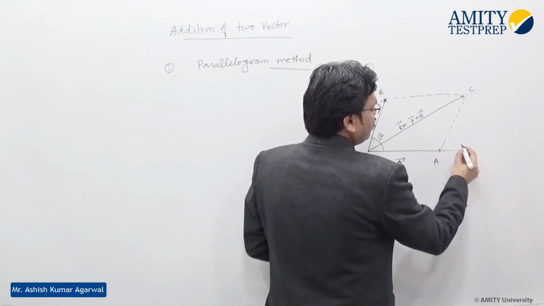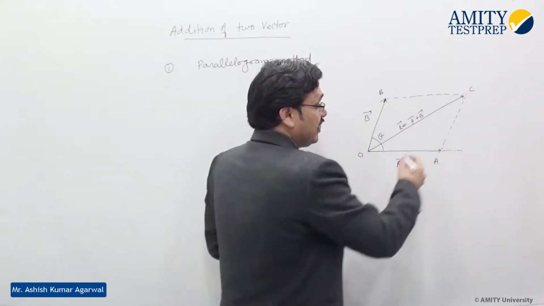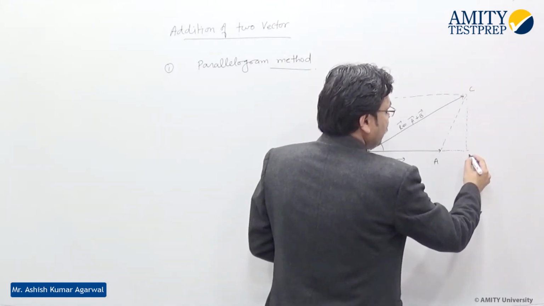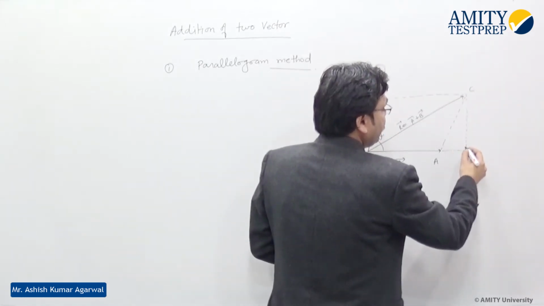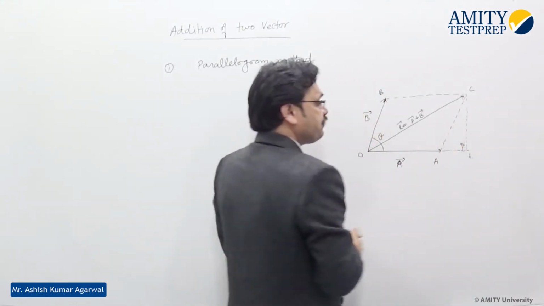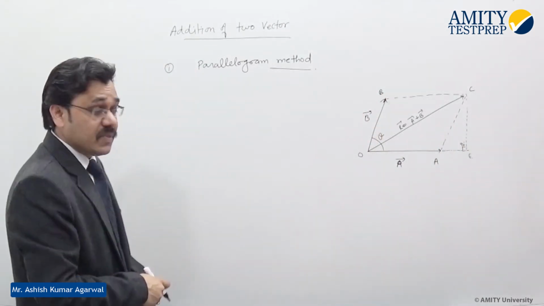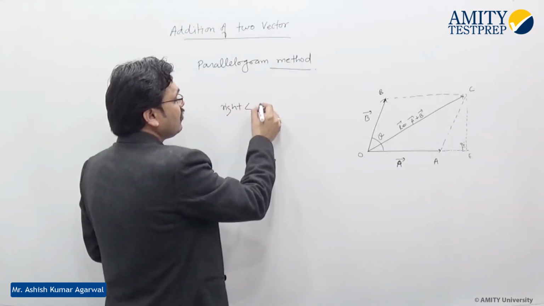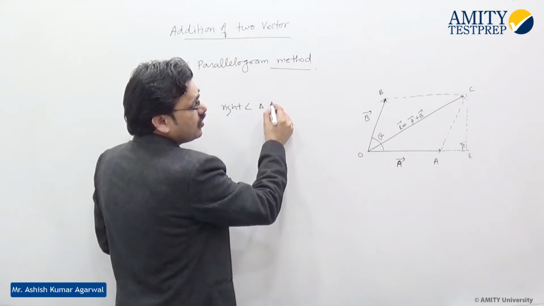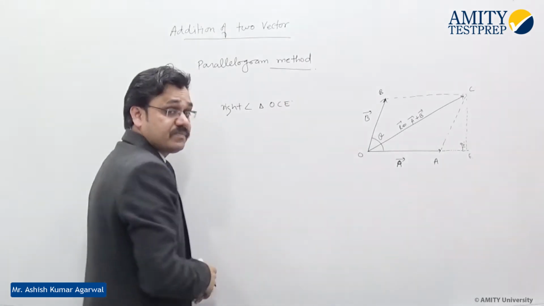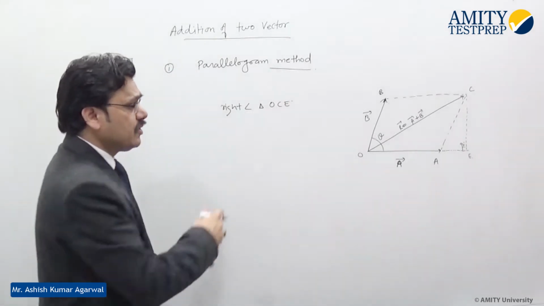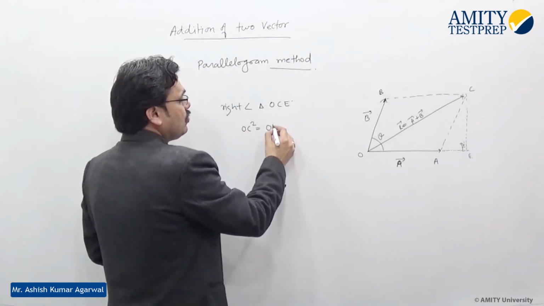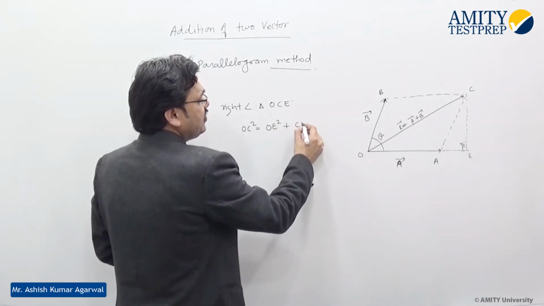So I have to extend this OA length and draw a perpendicular from C to the OA line. Let this line intersect at E, and this angle is 90. Clearly, considering the right angle triangle OCE, I am using the Pythagoras theorem. I simply say OC square equals OE square plus CE square.